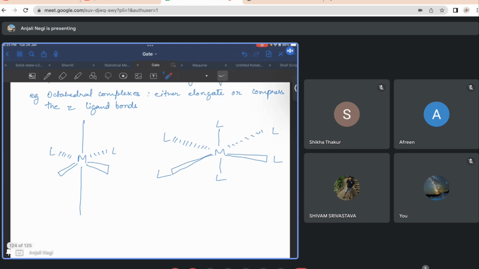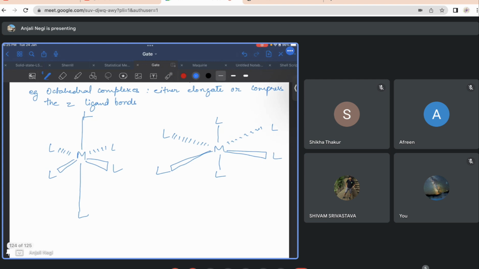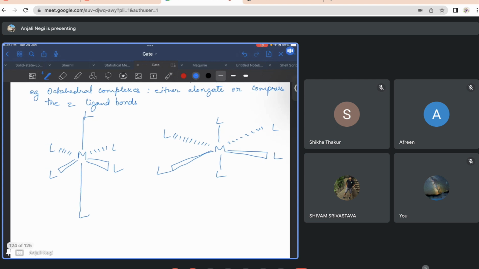For example, let's say we have an octahedral complex. In the first case, along the Z axis, there is an elongation of the bond.